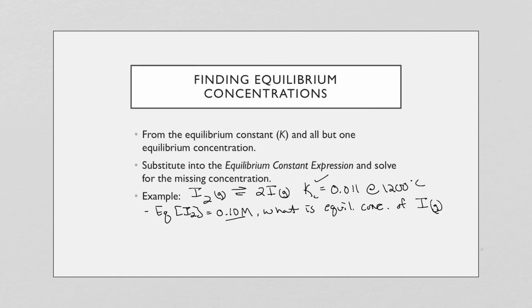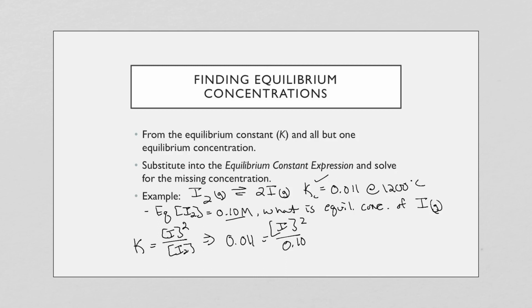So if we take this example where I2 is in equilibrium with 2I, the equation for K here is going to be products, the concentration of I squared, over reactants, the concentration of I2 raised to the first power. Now, if we plug in what we know, that the concentration of I2 is 0.1, we have I squared over 0.1, and now it's just a matter of simple solving.